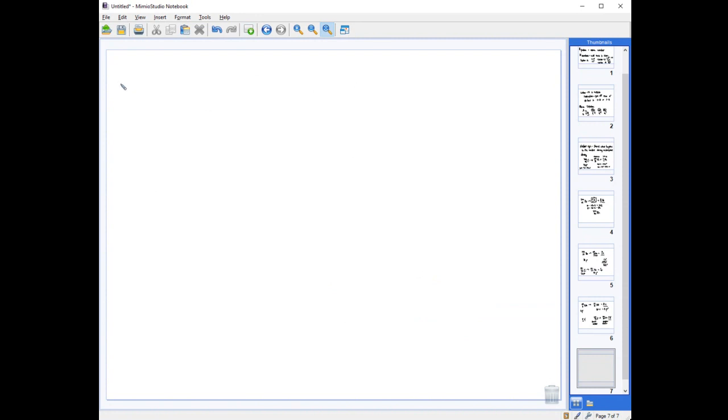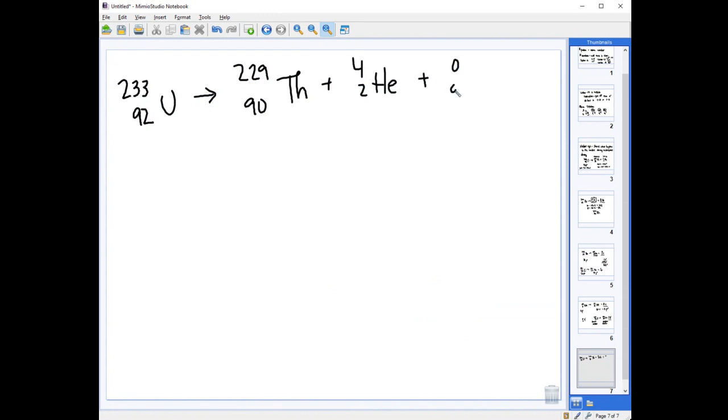Like in your cheat sheet on page 2, I've given you the example with uranium-233. It decays by both gamma and alpha radiation.